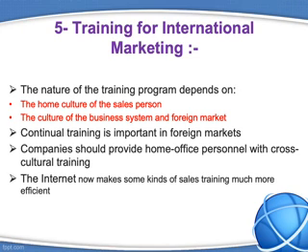And remember that continual training is important in foreign markets. And the companies should provide home office personnel with cross-cultural training. And finally, the internet now makes some kinds of sales training much more efficient.